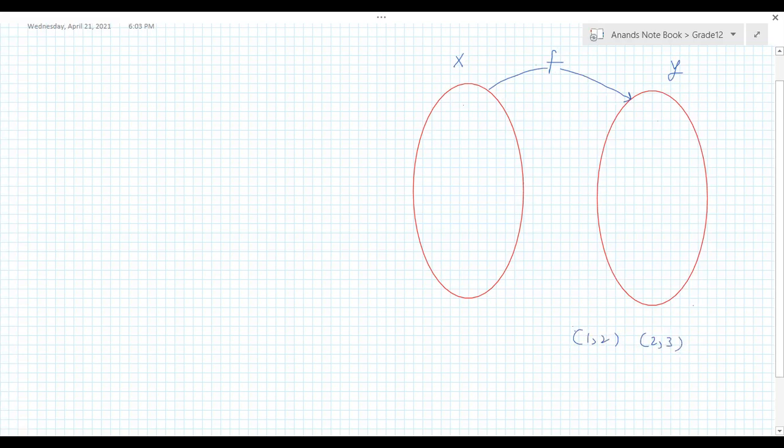But there is something more to it than a relation, and that is that a function can be a one-to-one mapping, or a function can be a many-to-one mapping.